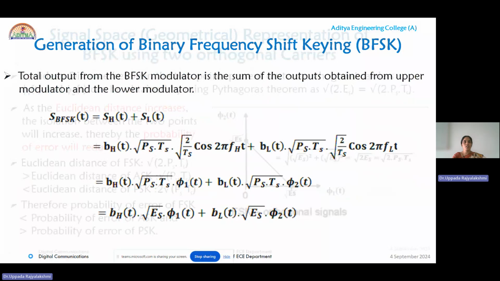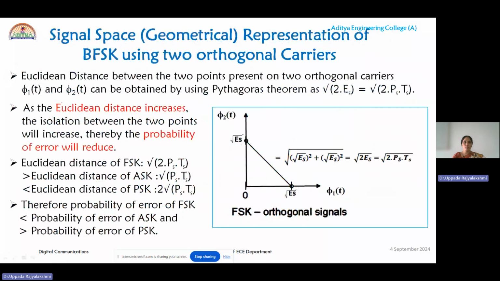And here you can see the calculation of Euclidean distance of BFSK for two orthogonal carriers. We have seen the magnitudes of 1-bit energy carriers: for F_H let it be phi1(t), and for F_L let it be phi2(t). Let us see the minimum distance for two orthogonal carriers.